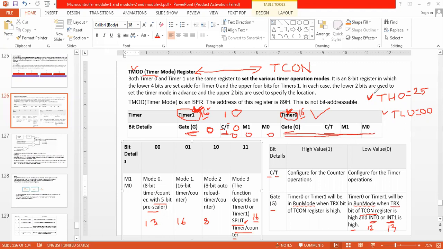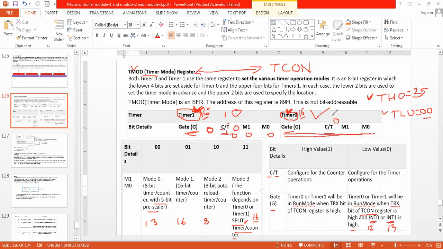The values of TH0 or TL0, or TH1 or TL1, are going to be incremented automatically depending upon the internal clock frequency or external clock frequency. If it is using the internal clock frequency, then this is going to be 0.